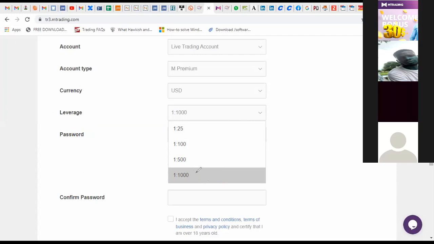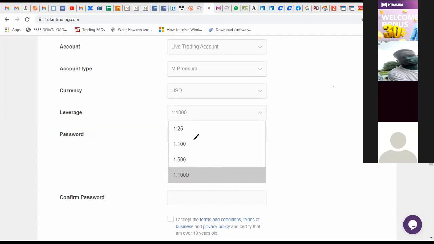But bear it in mind that if you are trading a small account and you use 1,000 leverage, what happens is that you can overtrade, because the system will continue to absorb more trades. If you click buy, even when you're losing, it will still buy.